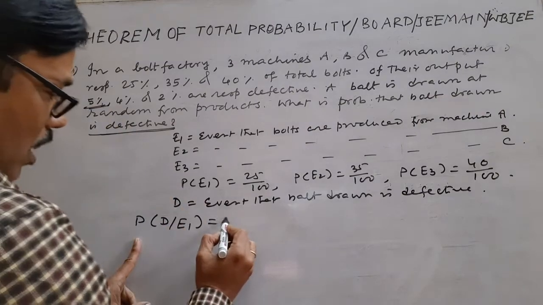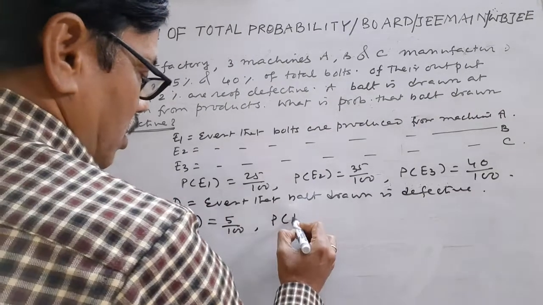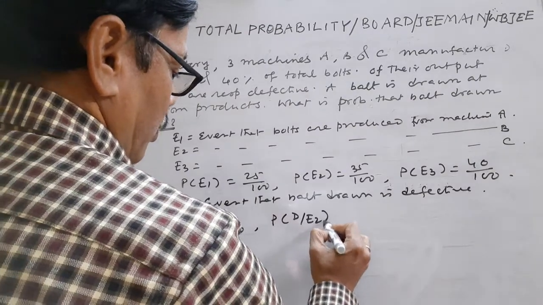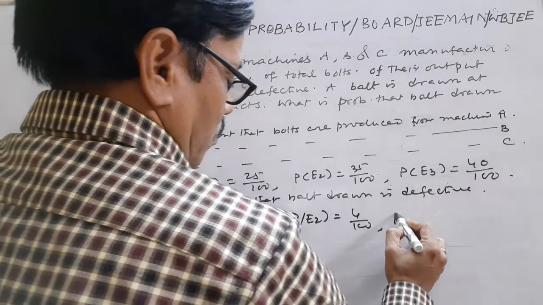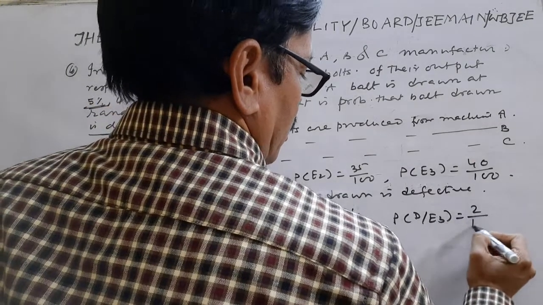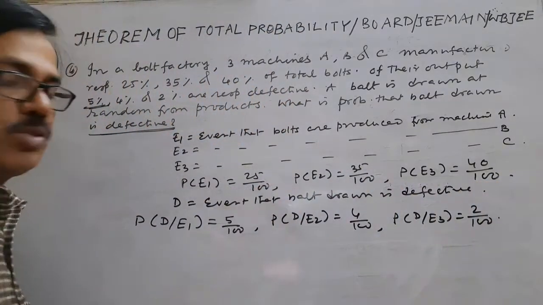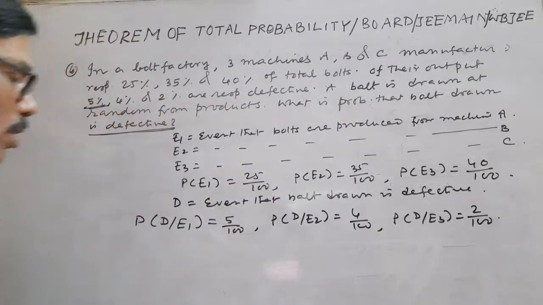This is 5%, so 5 by 100. P D by E2 is given directly as 4 by 100. P D by E3 is 2 by 100. So the values are given directly. So it is very, very simple.